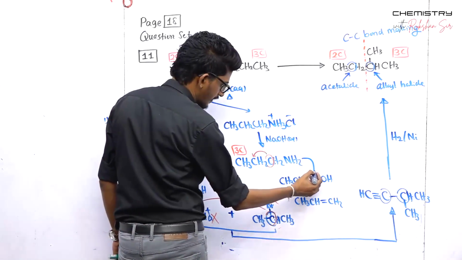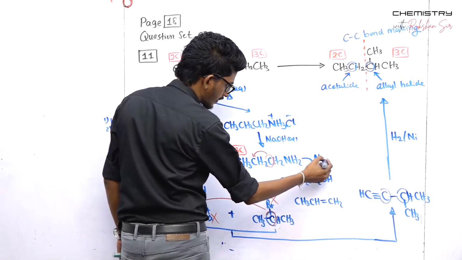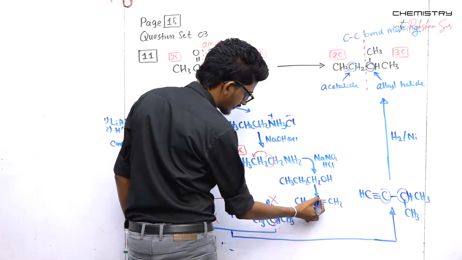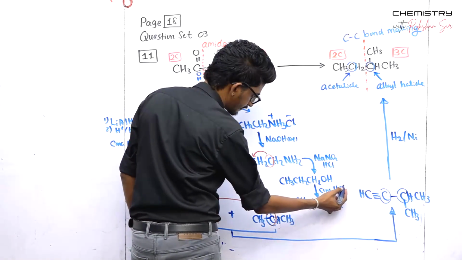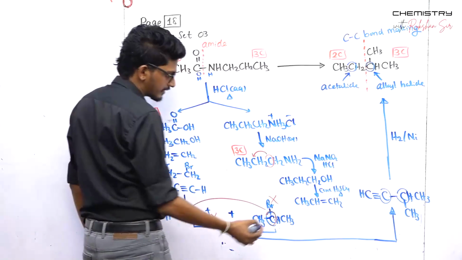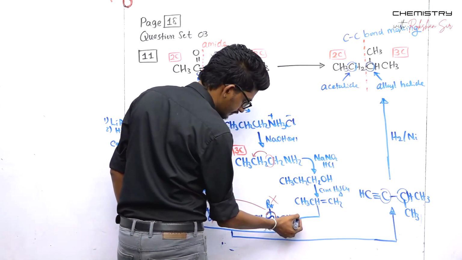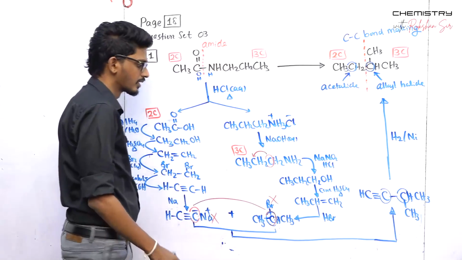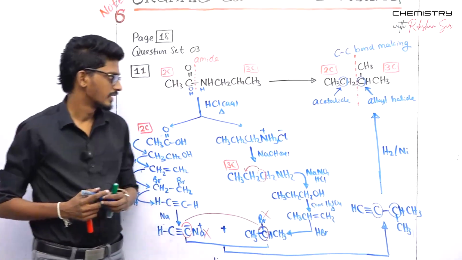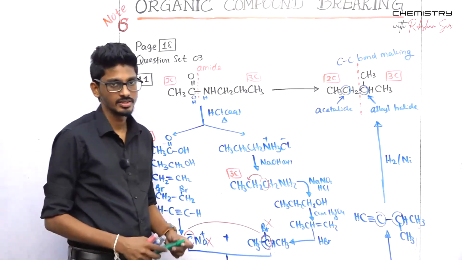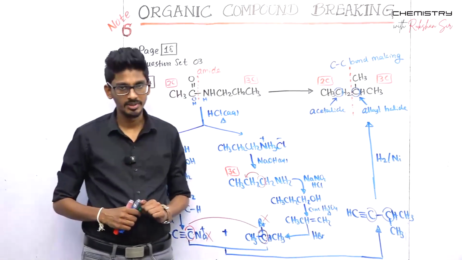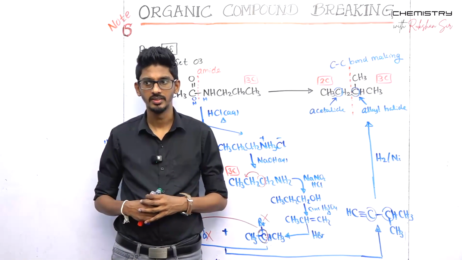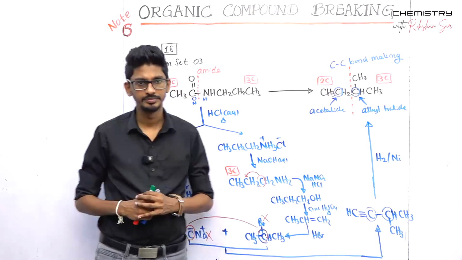This is just adding NaNO2/HCl, and this is just dehydrating. And this can be done by adding some HBr. So this is your conversion. That is conversion number 11, appearing on page number 18, which is the problem set 3. So you can complete this.